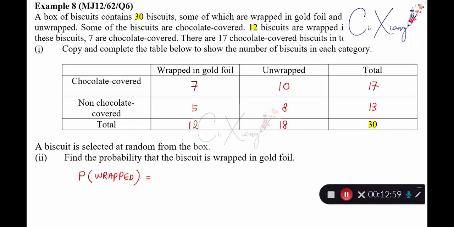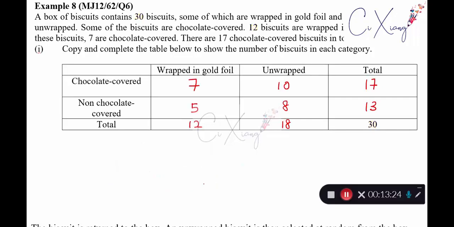They only want to know how many of them are wrapped. Therefore, 12 is the total of wrapped biscuits, divided by the grand total, which is 30. You'll get 0.4 for this question. So it's easy and straightforward. Then proceed to the next question.